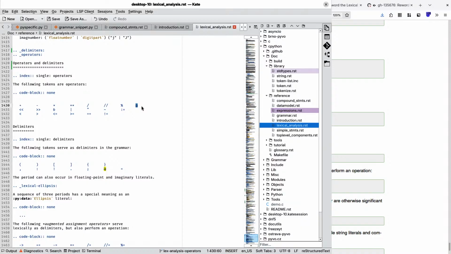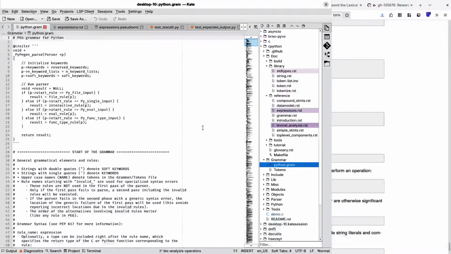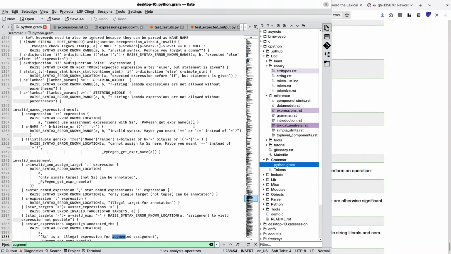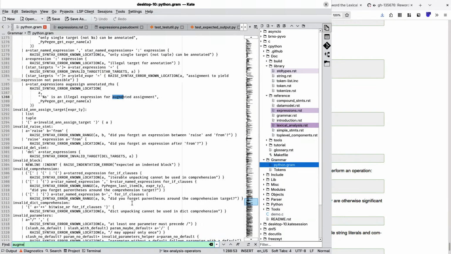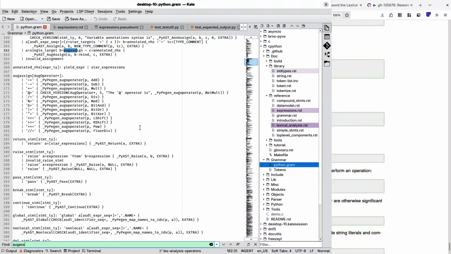Yeah, so python.gram has a section for augmented assignment operators. That's it. As far as I can tell, none of the other ones are grouped into delimiters, and the phrase delimiter doesn't appear. It has a section for that. Well, that's just an artifact of how the grammar is defined, right?